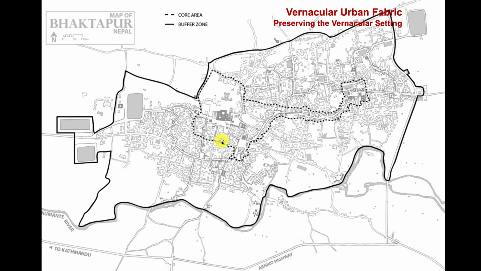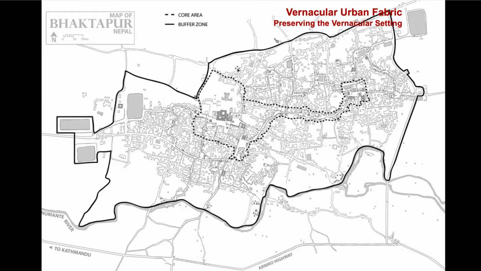So they could tightly control the preservation activities happening in the core area, with less restrictive guidelines to control whatever development might be happening in the buffer area, as well as the preservation activities there. So again, it's very important in historic preservation to identify the core area and the buffer area of a historic area that you are going to preserve.